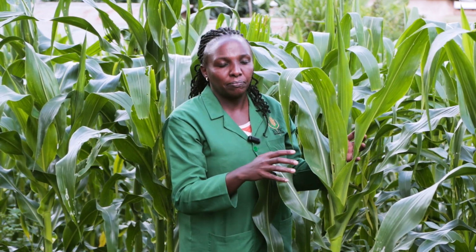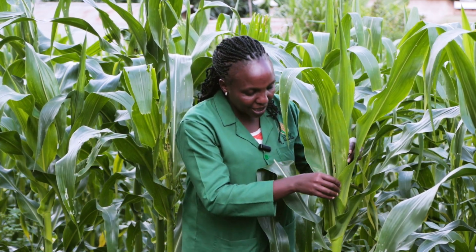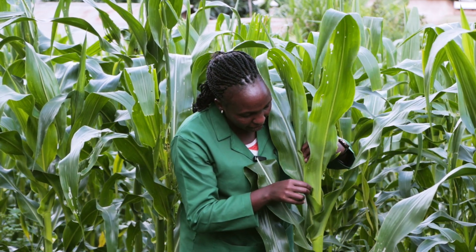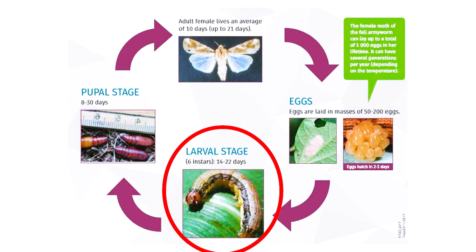And after 3 to 5 days, the eggs that we see here will now hatch into our stage number 3, which is the larvae stage. And this is the most destructive stage of the Fall Armyworm. So when the larvae are hatched, they are usually green in color to start with. And then as they grow, the larvae has got different stages.